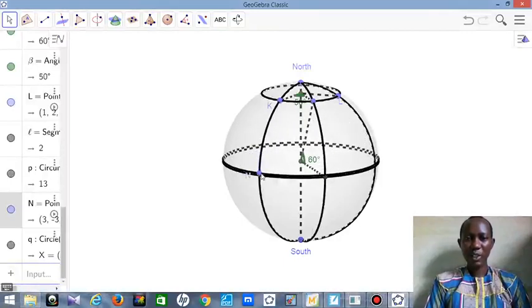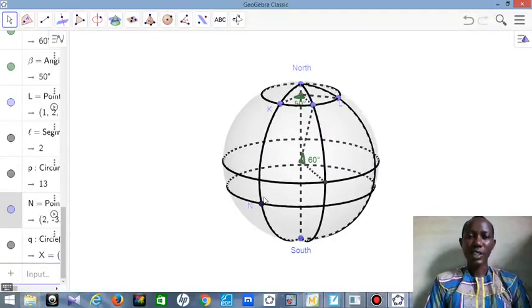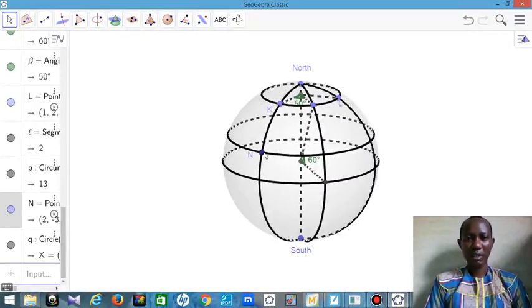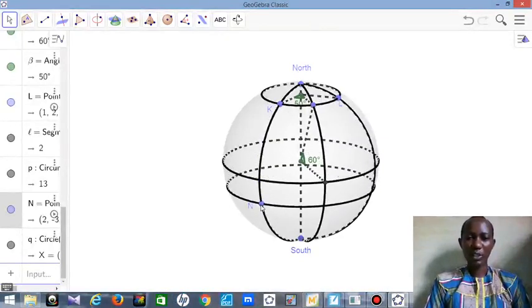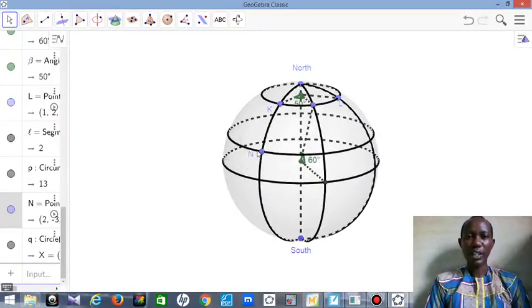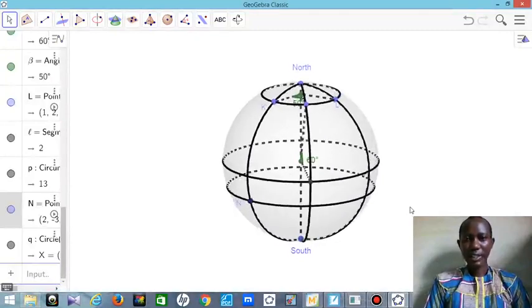But if it goes below the equator, N is south of the Earth. But the most important thing is that it's south of K. It's not above, it's below it. If it were above, it would be on top like this. But the question did not say north of K, it said due south. So N can be somewhere here, it can be below. Until we are through with our calculation, we cannot decide where N will truly be, either here or here. Okay, so this is the analysis of this question.